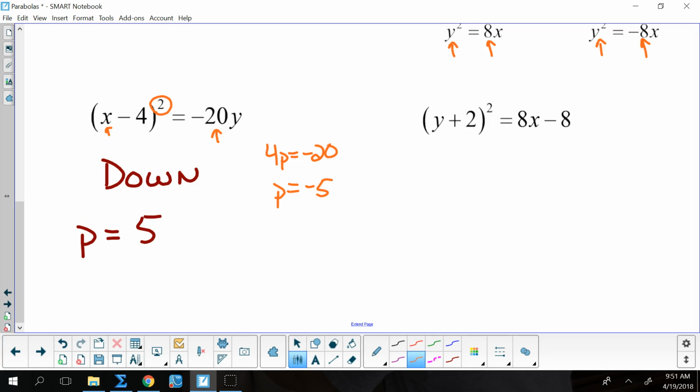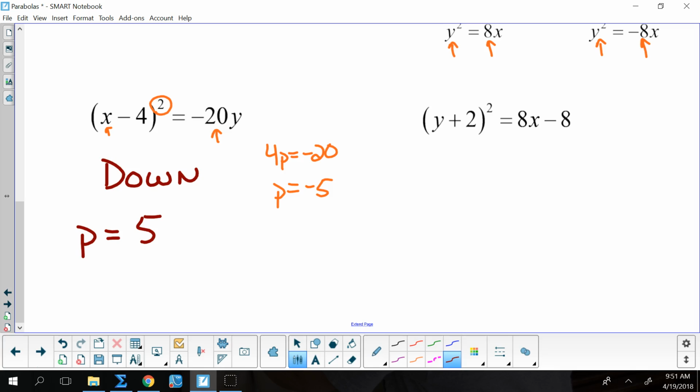Second one. Up, down, left, or right. The squared y would tell us that it's either going left or right.